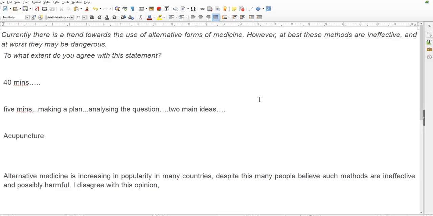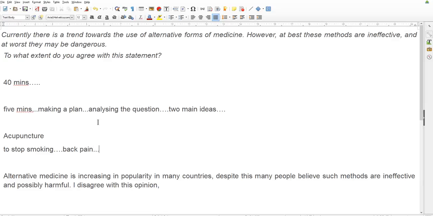As we know, acupuncture is popular these days. It's a part of traditional Chinese medicine. Many people use it to stop smoking, for example. I think they also use it for back pain also.